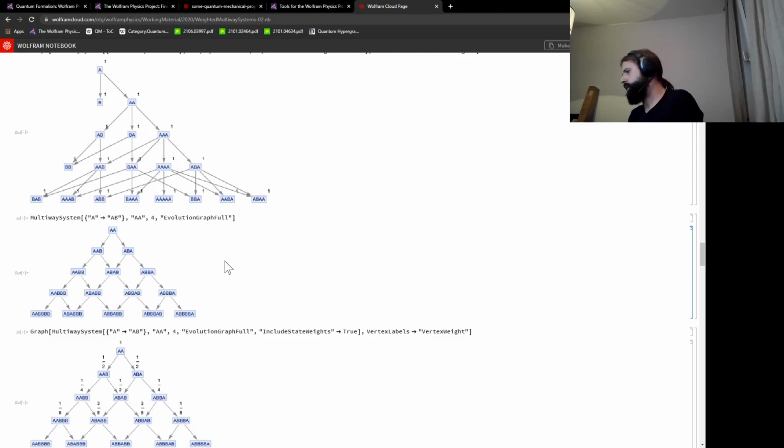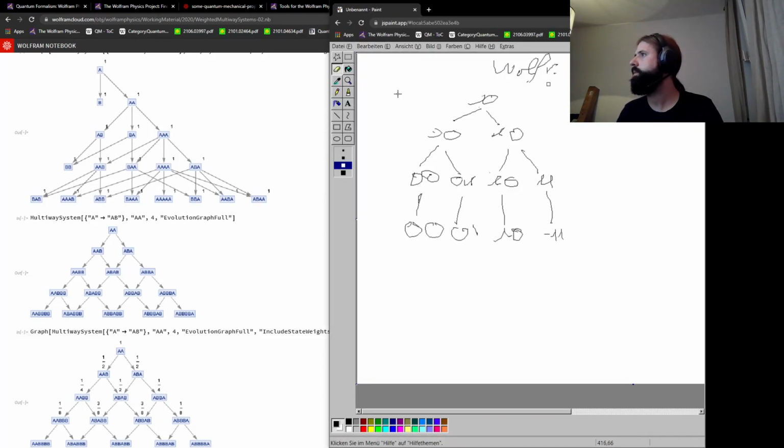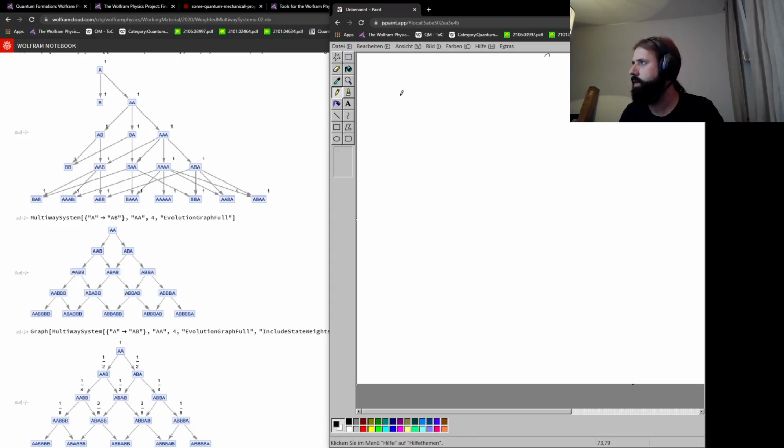So in a way, let's say I have two systems, one that evolves like this, and these nodes have weights.